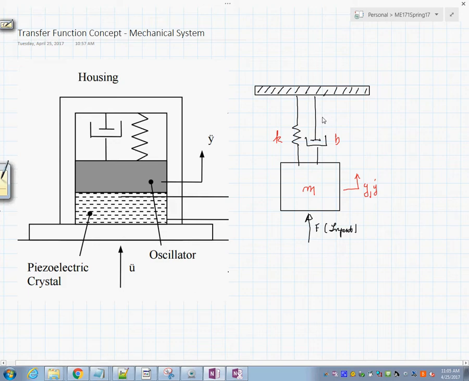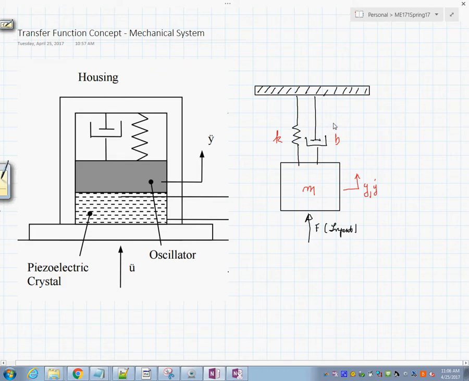In this particular case, I would like to know what is the force on this damper, for example. As this moves, what is the force produced over here?